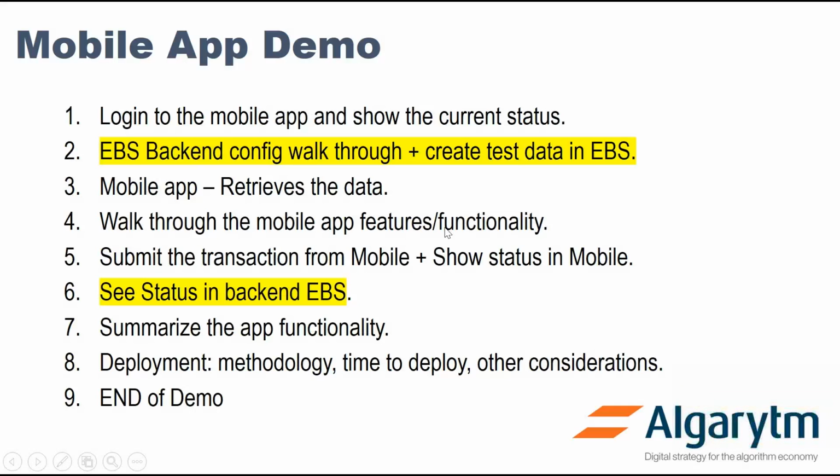And we will walk you through the mobile app features and functionality, and we will submit the transaction from mobile, and we will see what happens in the mobile app. Then we'll go back to the EBS and see the resulting transaction, and we will summarize the app functionality, and we will discuss the deployment methodology and how much time it takes and other considerations. So that will end the demo.